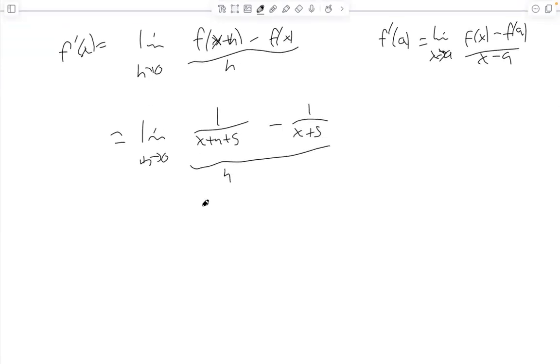And then same idea, I'm going to get a common denominator just by multiplying these together. So this guy here, I'm going to have to multiply top and bottom by x plus 5. And I do need these parentheses here. And this guy, I'm going to multiply top and bottom by all of this.